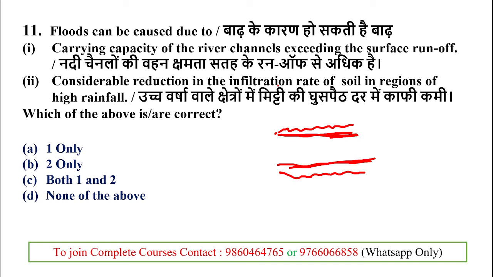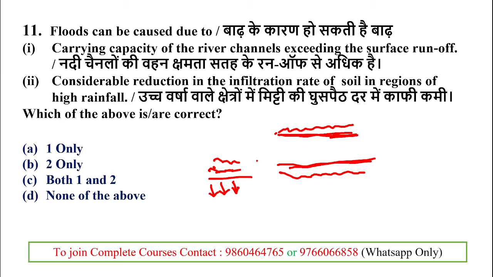So here infiltration is a concept related with the soil, and infiltration means the water on the land will drain into the inner layer of the earth. So that is the infiltration rate. When the infiltration rate is very low, or in a reduction, that will cause the water to stay in the outer layer or the surface of the land.